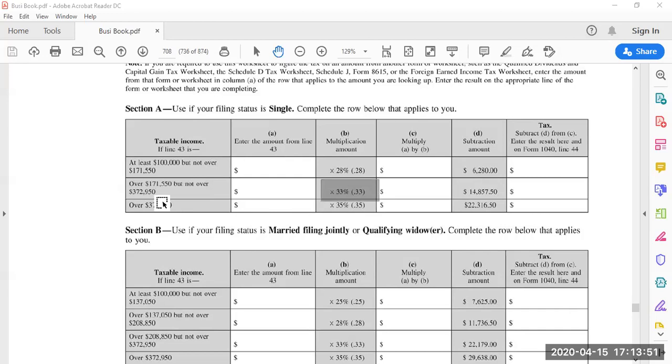And then anything over $372,950, you would be charged a flat 35% on income that you've earned in excess of the $372,950.